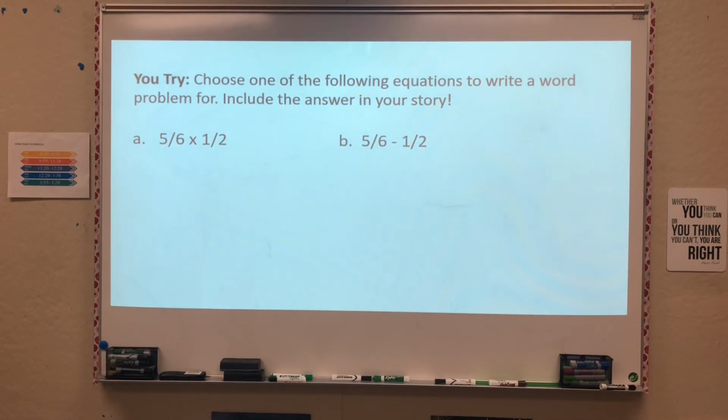Which one are you going off of? I'm going with A. If you're looking at the multiplication one, it might help to think of, no, never mind. I'll go with this one. Okay, so then you might want to think of what we were saying up here.